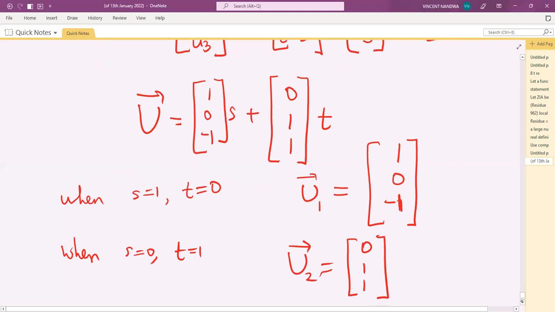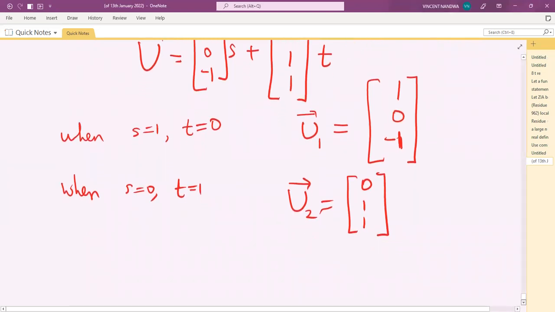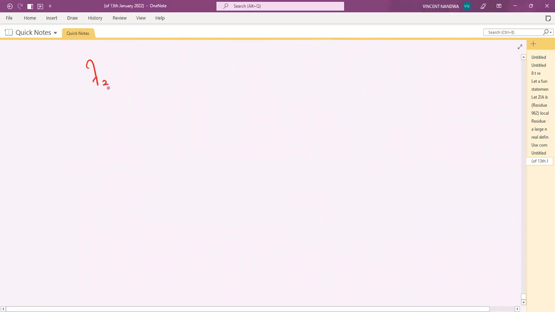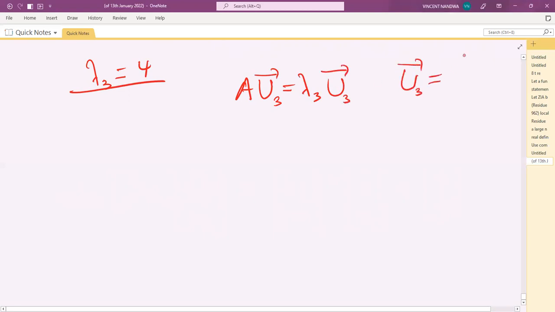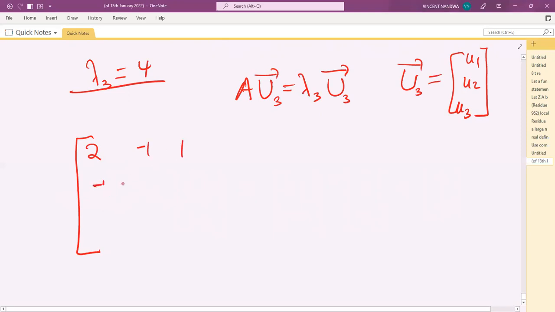Now quickly let's get the eigenvector for lambda 3, which is 4. We will have A U3 equals lambda 3 U3, where U3 is a vector of the form U1, U2, U3. So we'll have the matrix 2, minus 1, 1; minus 1, 2, minus 1; 1, minus 1, 2.